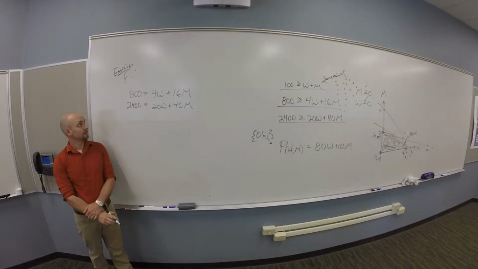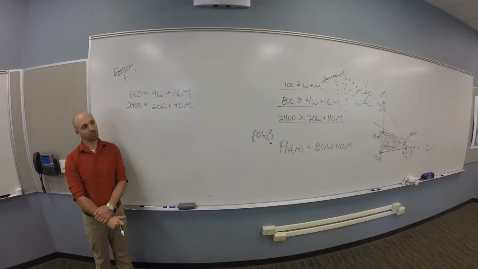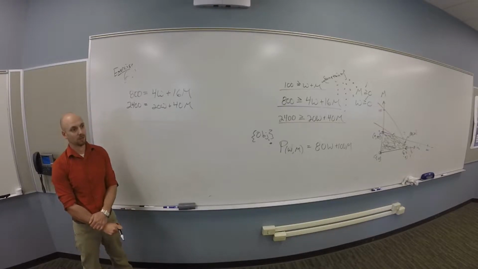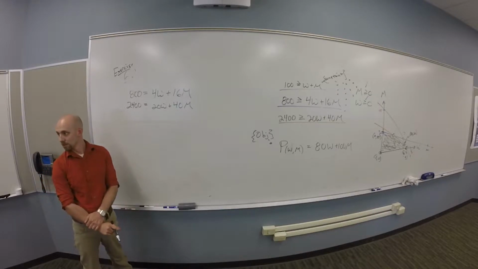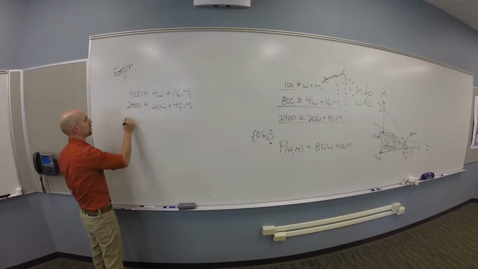So now this is the cost and labor intersection. Where does your cost constraint hit your labor constraint? How do I solve this? Multiply the top row by -5.